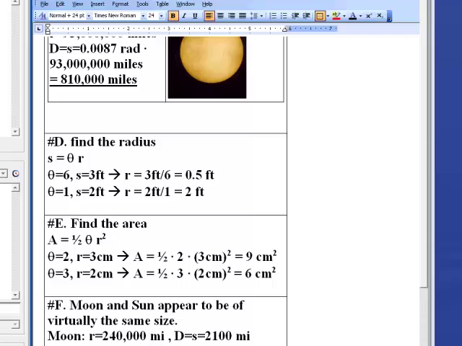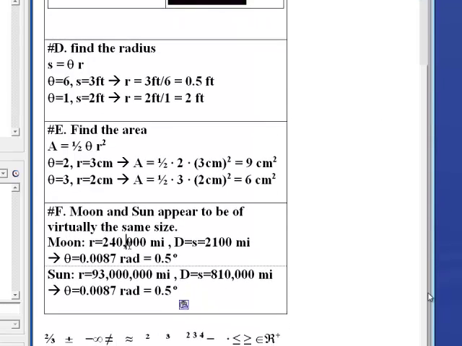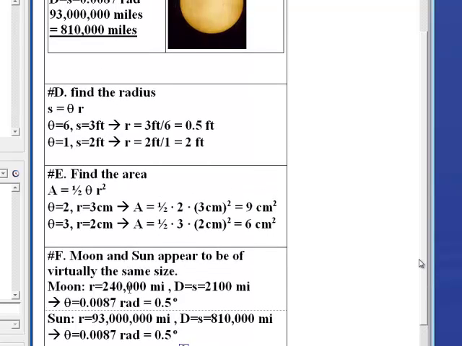Or, in other words, as the diameter of the sun is 400 times larger than that of the moon, its distance is also virtually 400 times larger than that of the moon. If you take 240,000 multiplied by 4, that's 960,000 multiplied by 100, that's 96 million. So both the distance and the diameter ratios are 400 times.